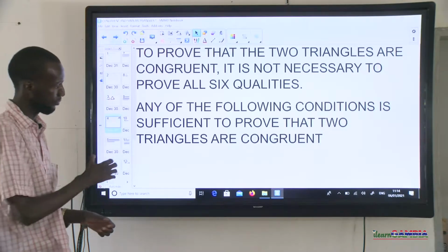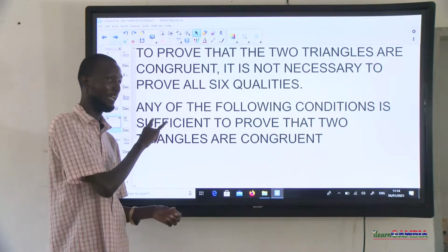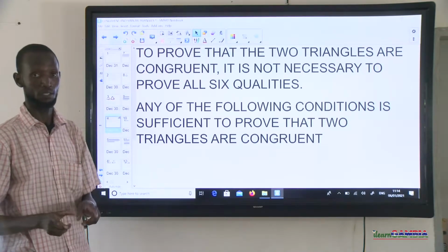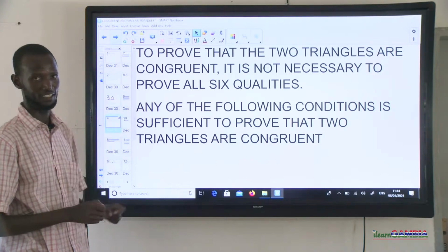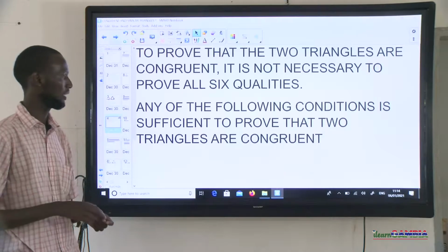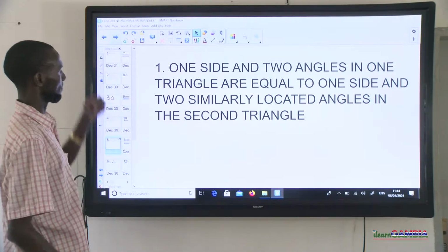We're going to be looking at some qualities here, that if 2 triangles have any one of them, then we can say that those 2 triangles are congruent. So we don't need to prove that all the 3 sides and all the 3 angles are equal all the time. Sometimes one quality would be enough to prove. Let's see what those are.